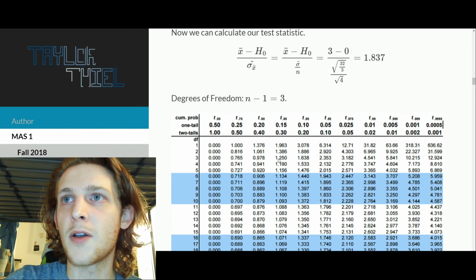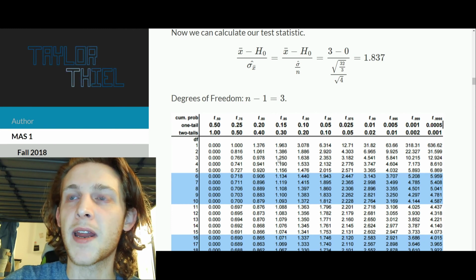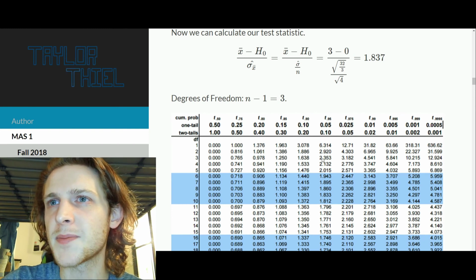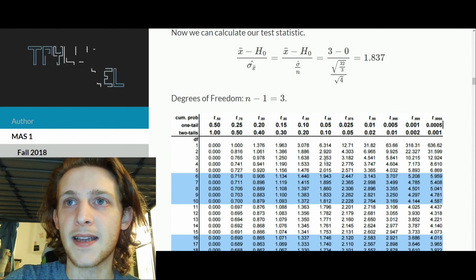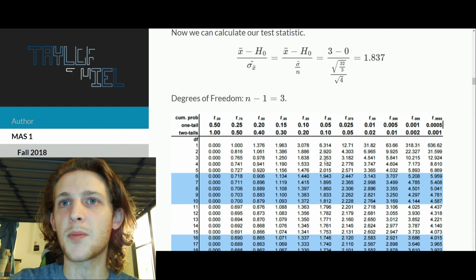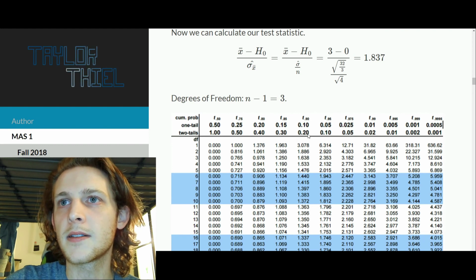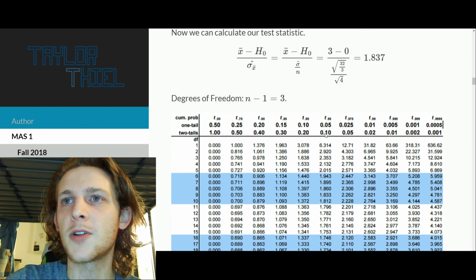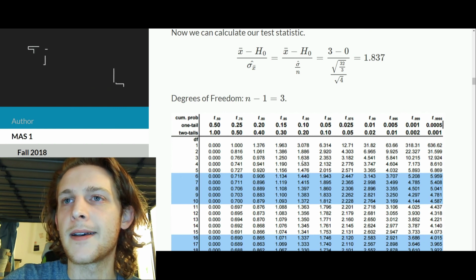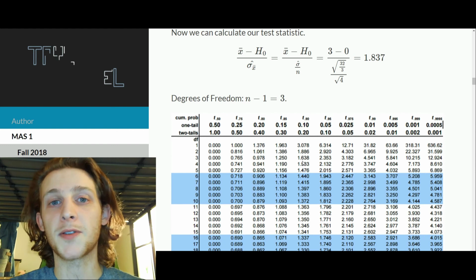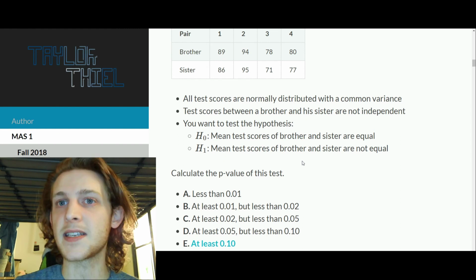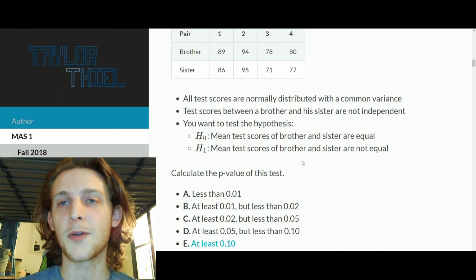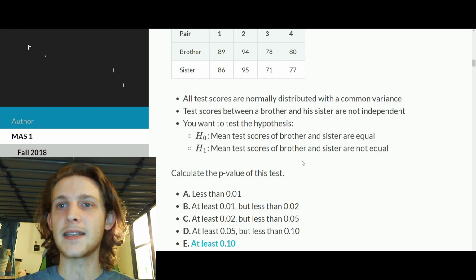And then we want to know what a test statistic of 1.837 is as a p-value, and we see that falls between these two numbers here. And again, this is a two-sided test, so it falls between the 0.2 and the 0.1 shown here in this third row of the table. And so we know that the p-value falls between 0.2 and 0.1. So scrolling up to the options for the answers, we see that the only option is E. So we know it's between 0.1 and 0.2, and E is 0.1 or greater, and so E is our final answer.